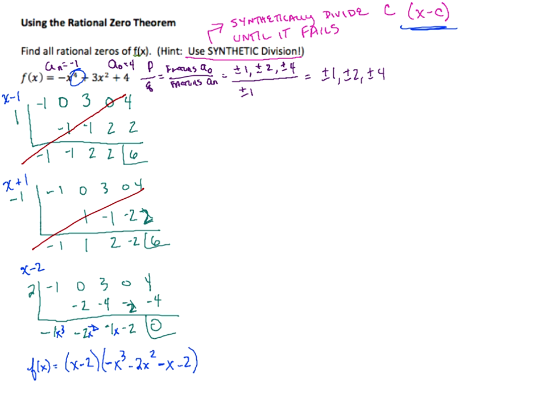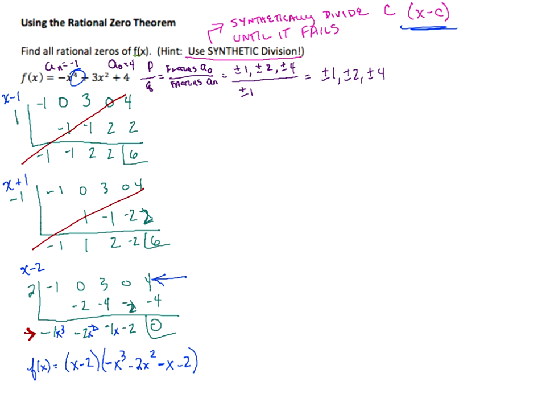And that's where I start my next synthetic division process. I don't go back and use these first coefficients because I've already pulled a factor out of that. Now I'm trying to figure out how to factor this right here. So those are my new coefficients.